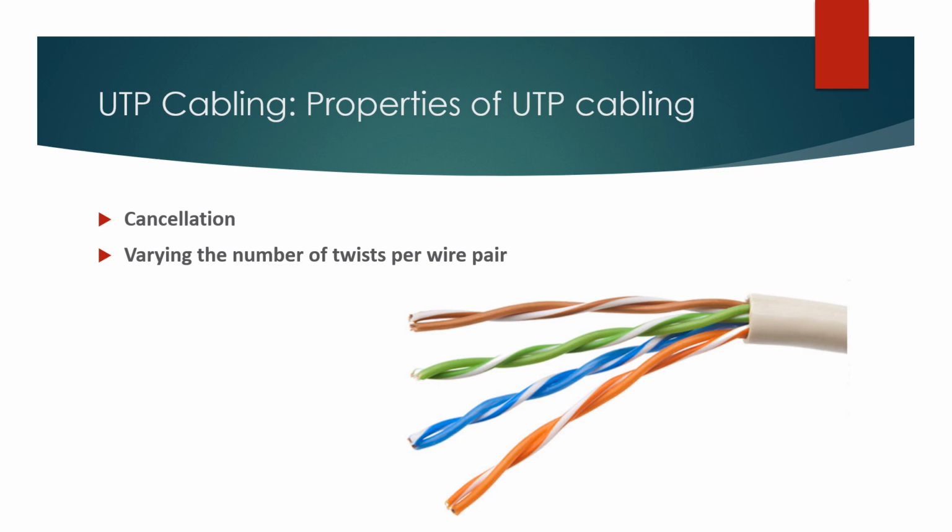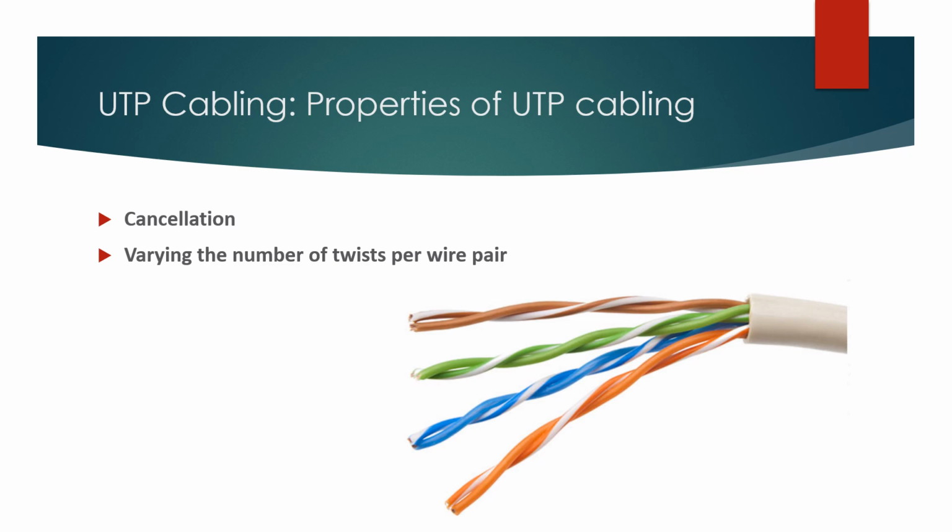The first one is cancellation. With this, the designers pair wires in a circuit, and when two wires in an electrical circuit are placed close together, their magnetic fields are the exact opposite of each other.